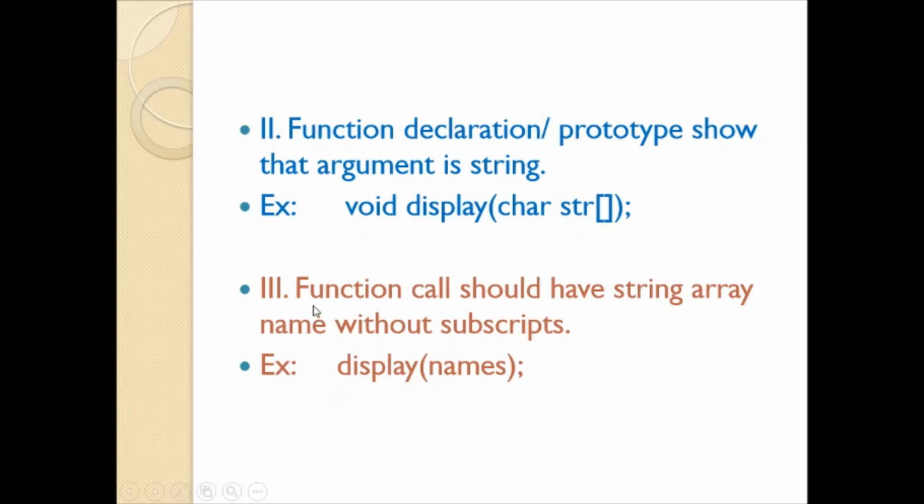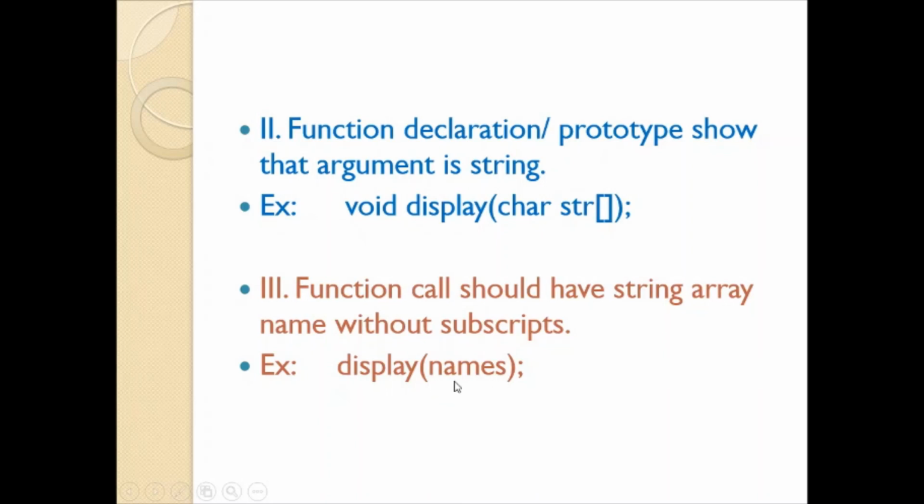Third rule: the function call should have the string array name without a subscript. As we have seen in passing an array to a function, there also the function call had the array name as an argument. Here in string passing, again the function call should have the array name, and you should not specify the subscript.